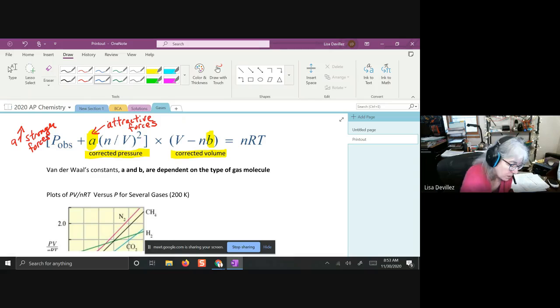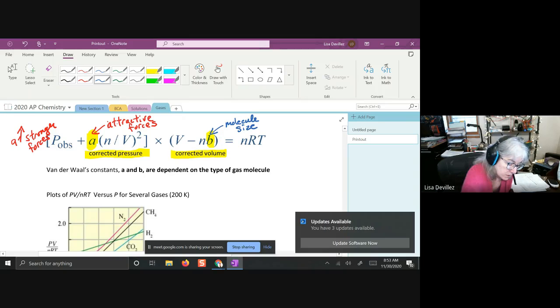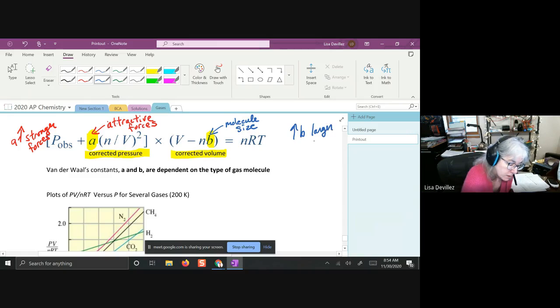Okay. B has to do with the molecule size. So a larger B means a larger molecule. Okay.